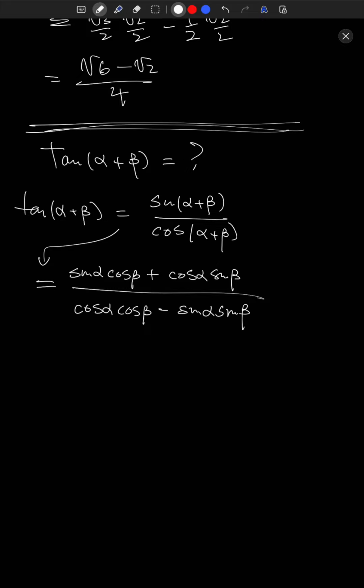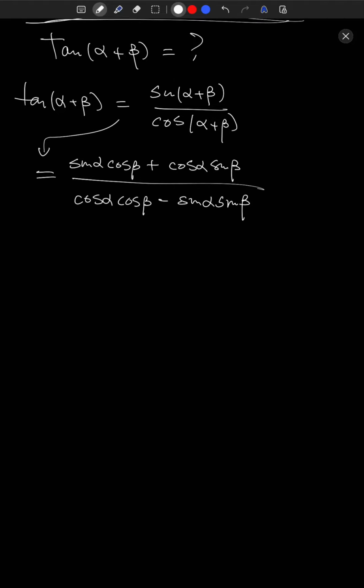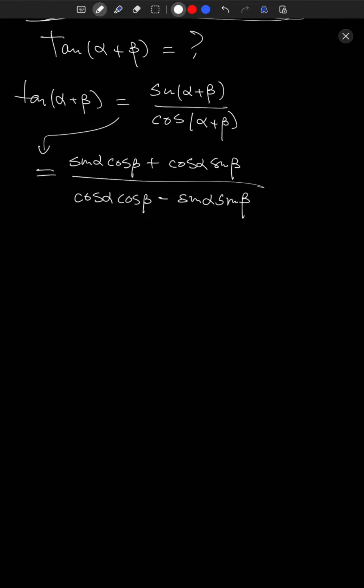Okay. Now, in practice, this is probably good enough to use in that we have broken down tangent of alpha plus beta, which is very complicated, into easier pieces, just sine alphas and cosine betas and so on. But there's an alternate way we can express this, which maybe looks a little cleaner.